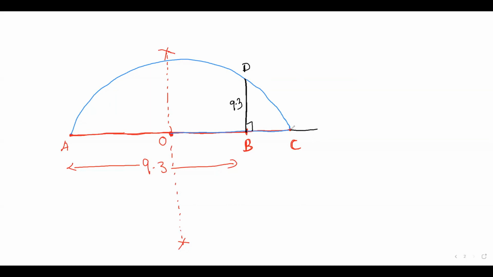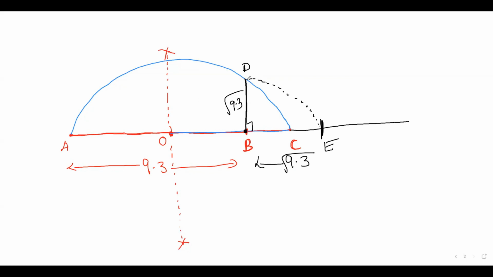Extend this line. Keep the needle of the compass here, pencil of the compass here, and try to draw an arc. Let this point be E. So BE is exactly root 9.3.